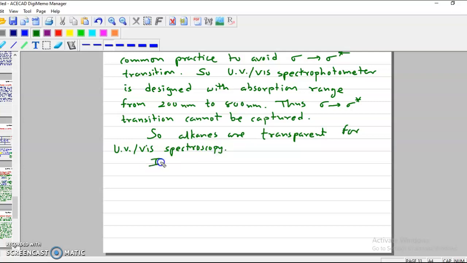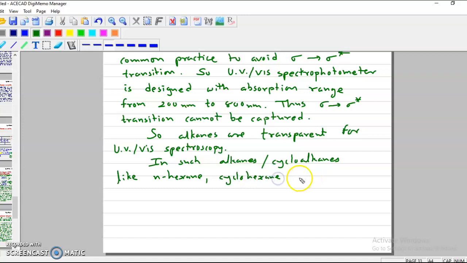In such cases, alkanes and cycloalkanes like normal hexane, cyclohexane, etc., can be used as solvents.